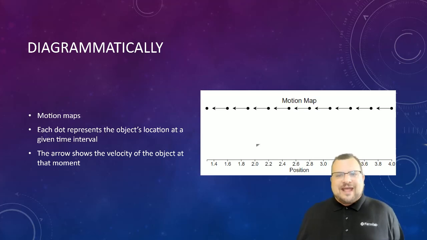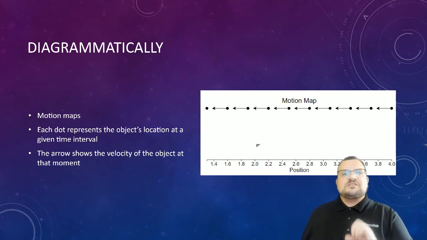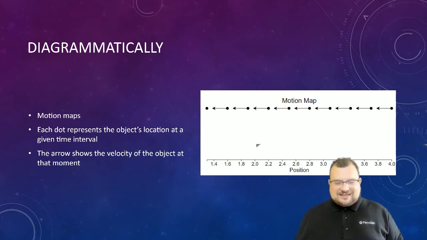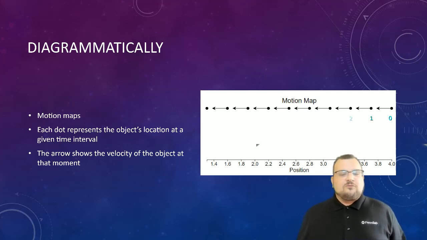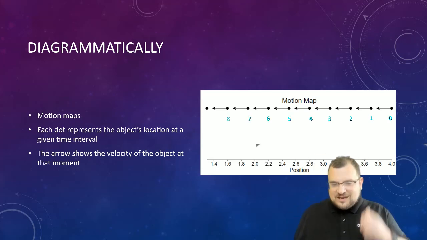Because if you start counting, usually you start counting at 1. But with motion maps, you want to start counting at 0 because that first dot represents where we are at 0 seconds. So it is very, very important to label those so you don't end up making mistakes. So we have 0, we have 1, 2, 3, 4, 5, 6, 7, 8, 9.